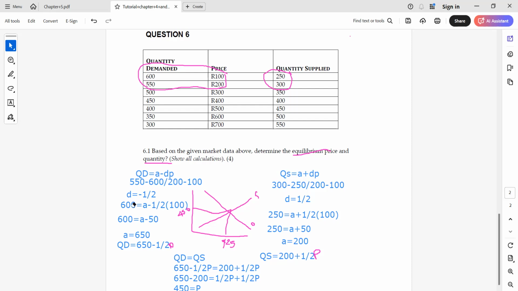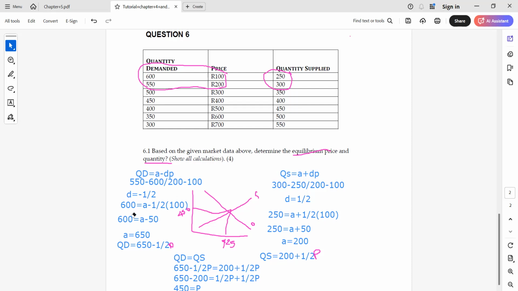We used the first row. So you say 600, which is the quantity demanded, is equal to A, our constant, minus 1/2, which is our D, times 100, which is our price. And then we got 600 equals A minus 50.